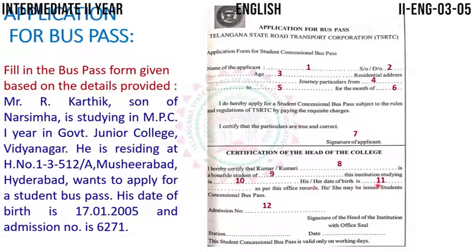And his date of birth is the 11th column. What is his date of birth? 17/01/2005. And his admission number, 12th, that is 6271. So this way you have to read the question, go to the form and fill them in serial order.